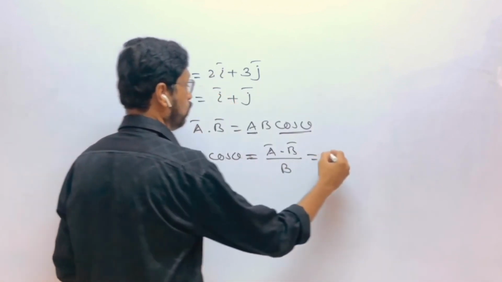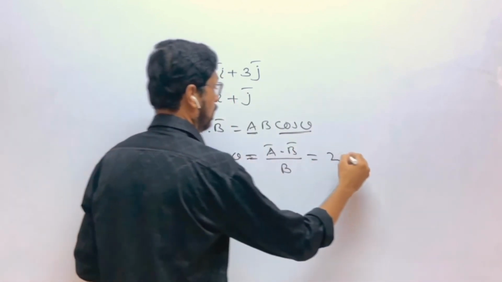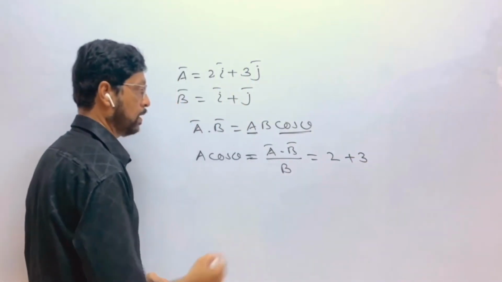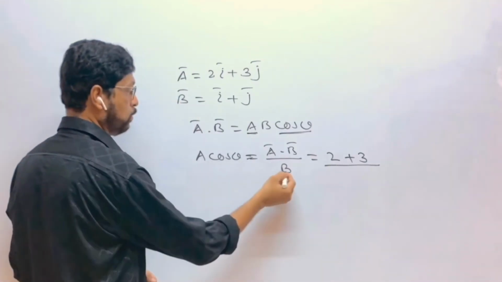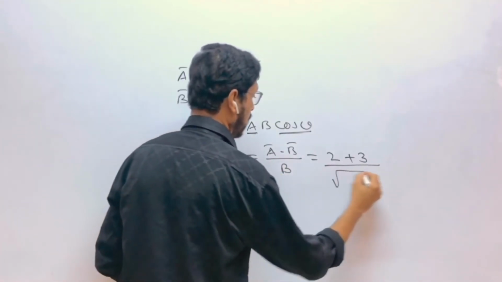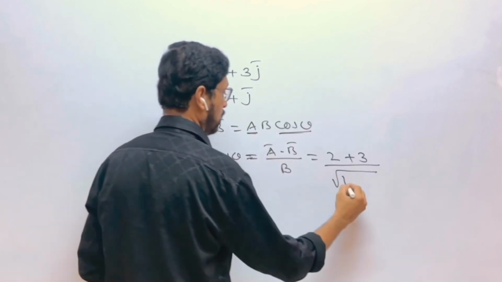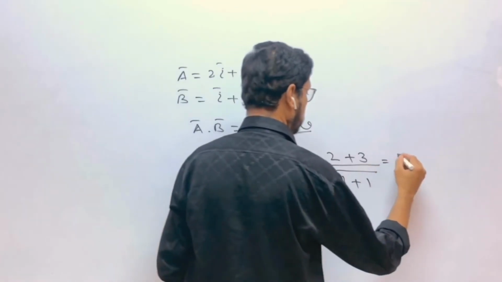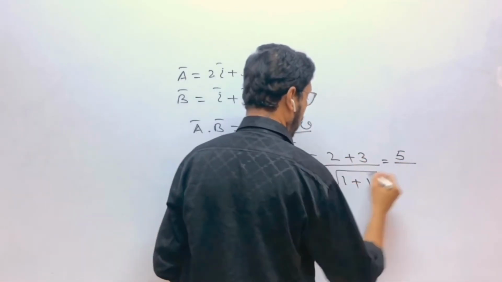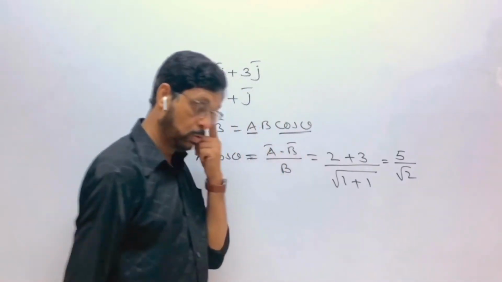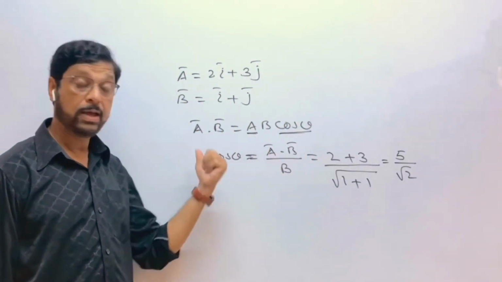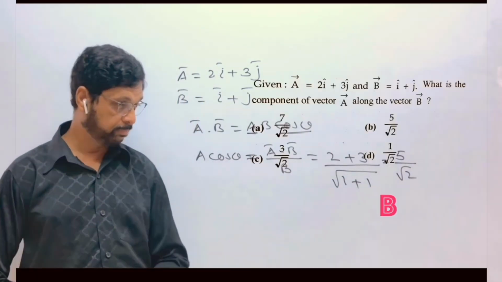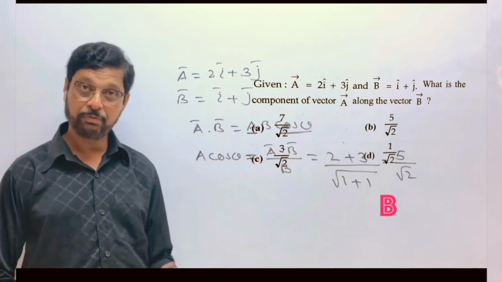AX BX, 2 into 1, 2, plus AY BY, 3 into 1, 3, upon magnitude of vector B, under root 1 square plus 1 square, that is 5 upon root 2. So component of A along B is 5 upon root 2. Check the options. It is option B, 5 upon root 2.